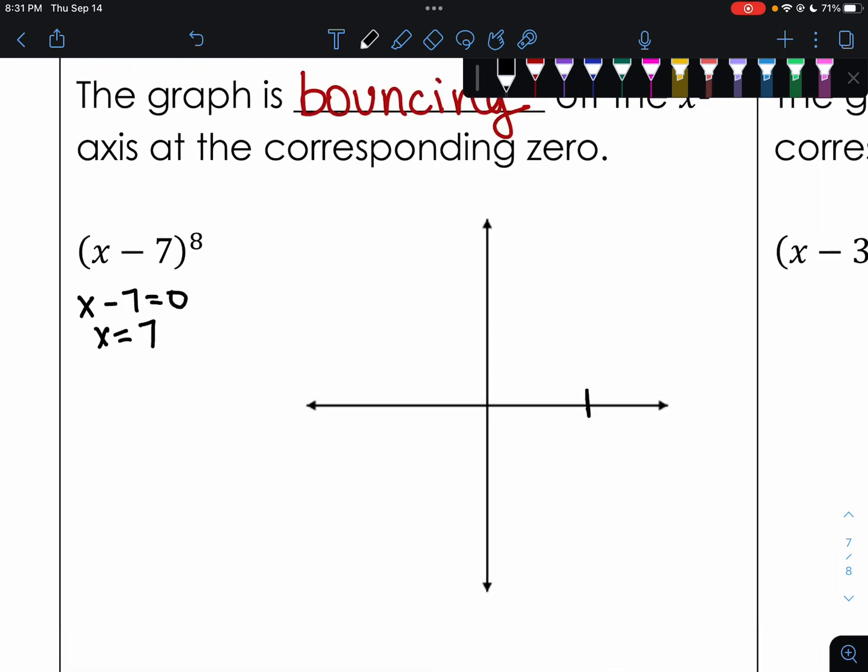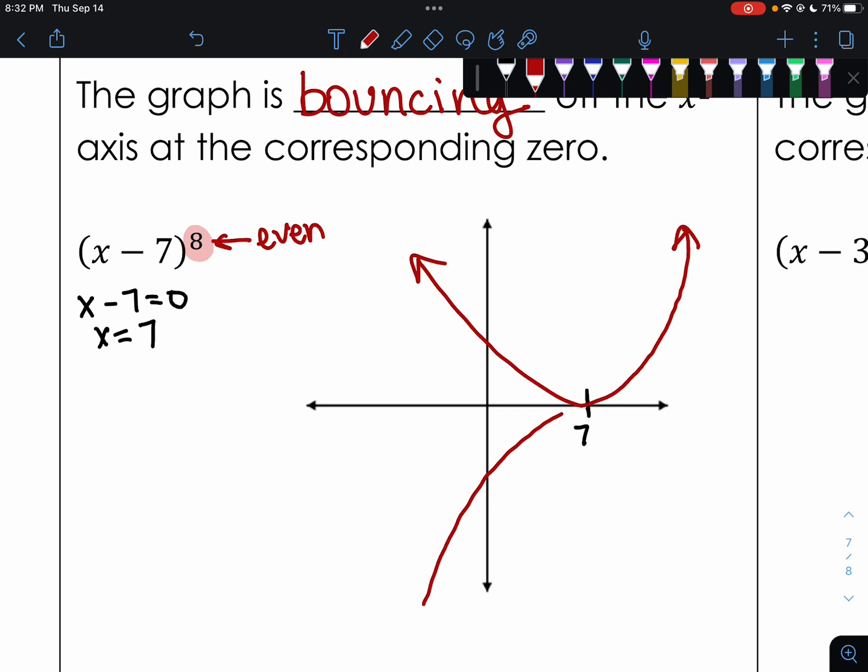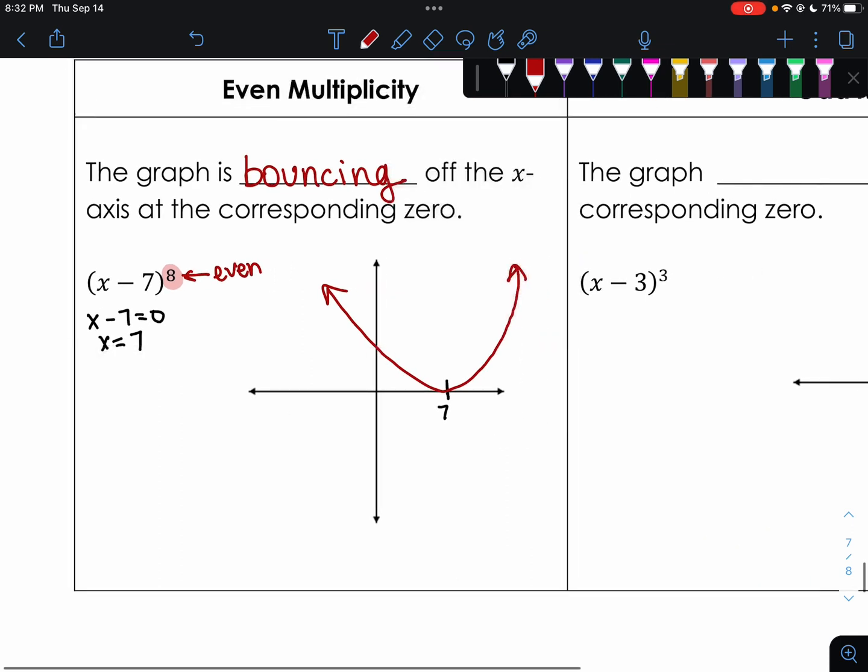So I mark positive 7 right there. And since my multiplicity is 8, which is even, then my graph is going to bounce at 7 on the x-axis. So what that looks like is it goes here and it bounces down and goes back up. That is what a bounce looks like. It could come from the bottom as well. Boom, bounce, and go back. But it's one or the other for this.